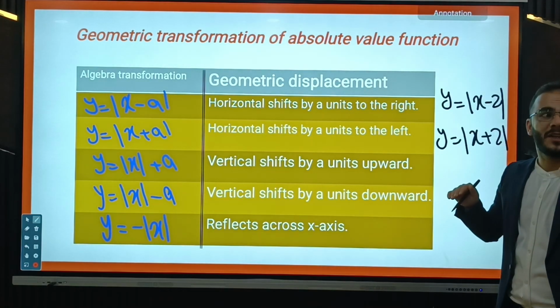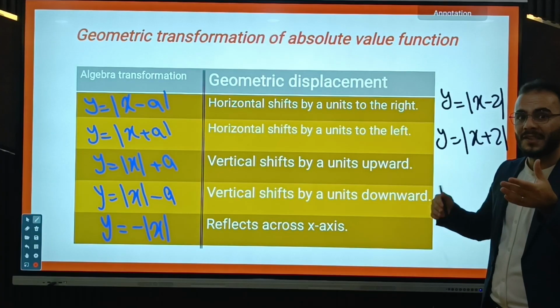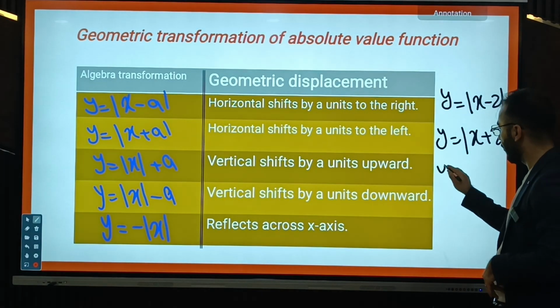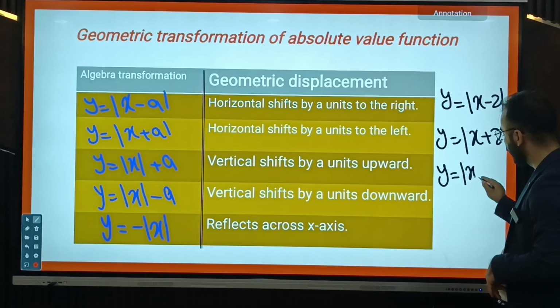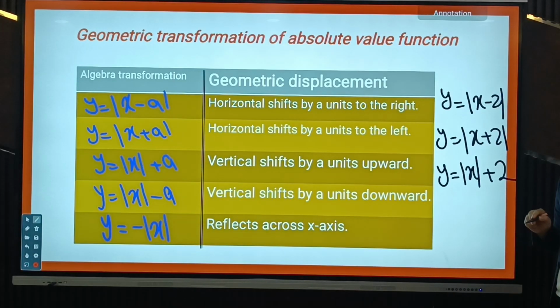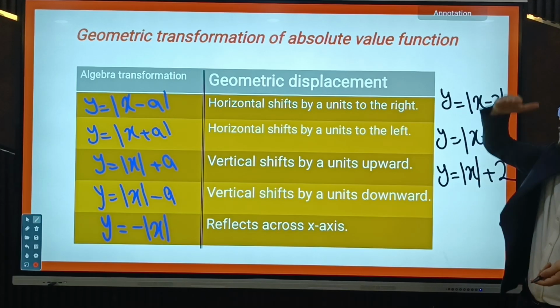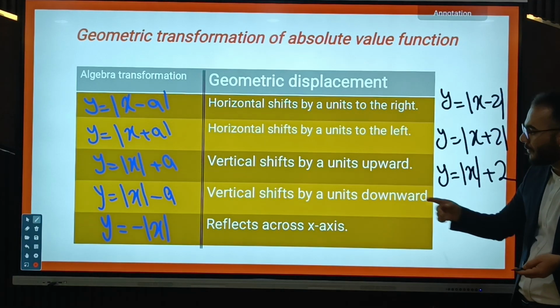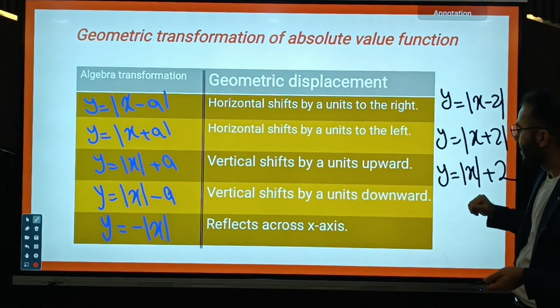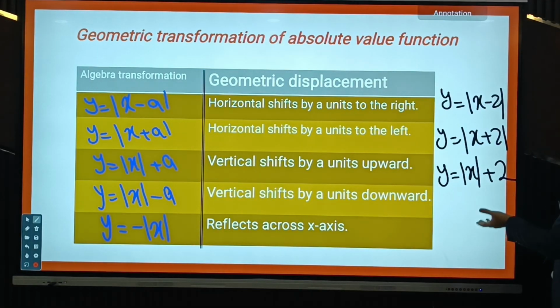So how about if the changing number was outside of the absolute value? For example, y equals the absolute value of x plus 2. If it was added to a number, you should shift it vertically up, by a units upward.